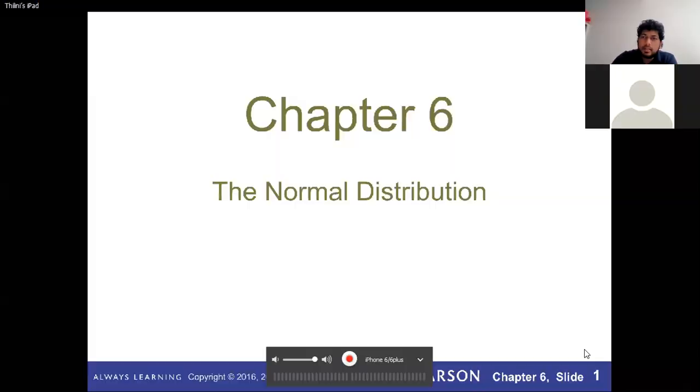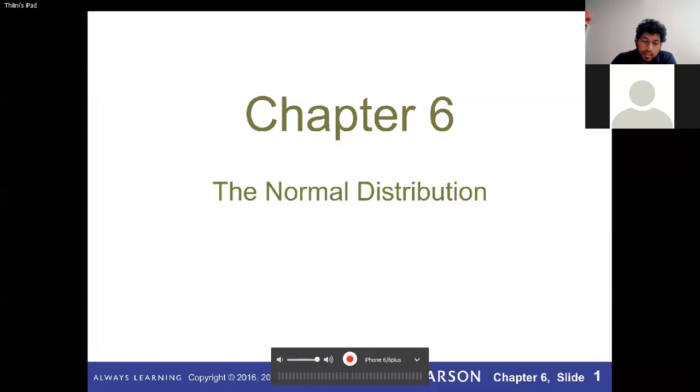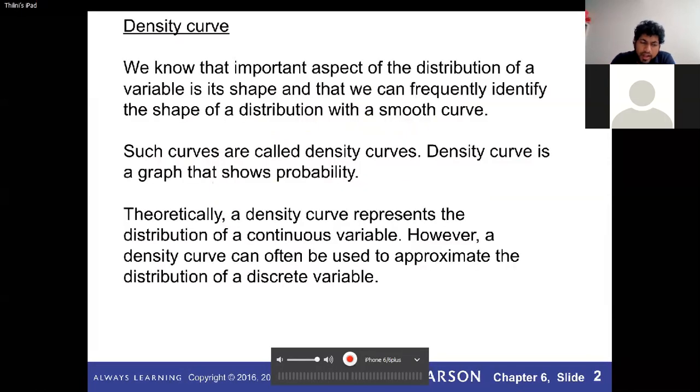Okay, this is chapter 6, normal distribution. Why is this normal distribution important? Because we have to use it almost everywhere. Do you know what a distribution is?